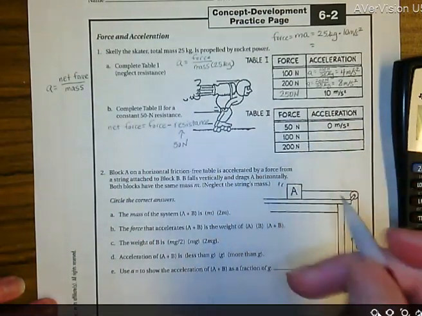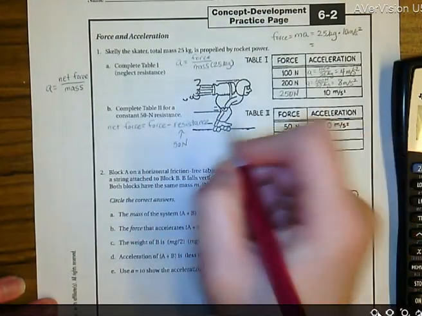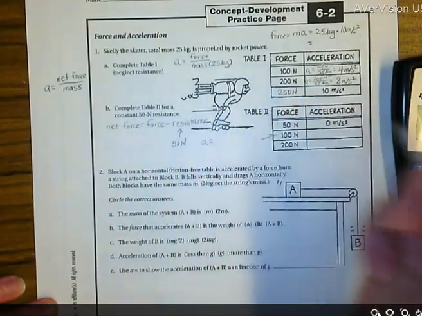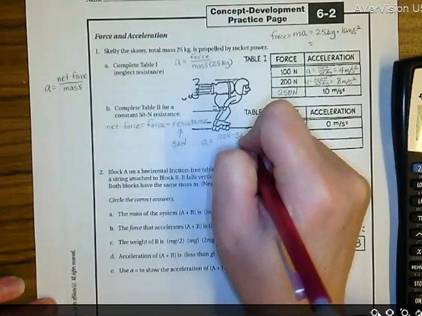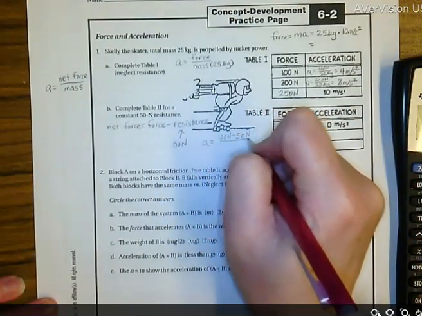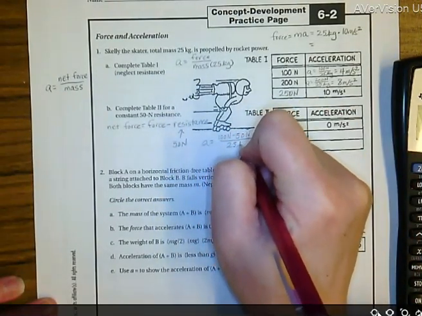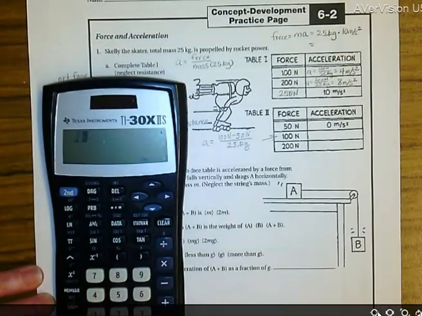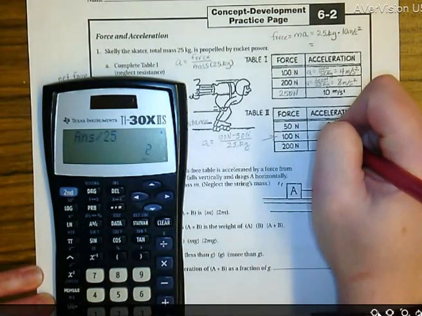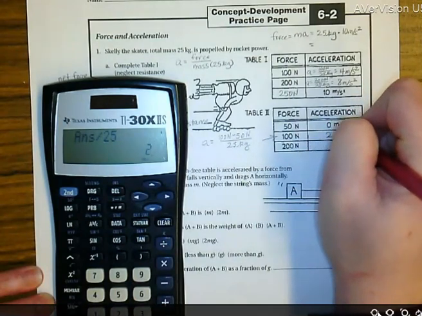So for this first acceleration, my acceleration is going to be my 100 newtons minus 50 newtons divided still by her mass, which is 25 kilograms. So 100 minus 50 divided by 25 gives me an acceleration of 2 meters per second squared.